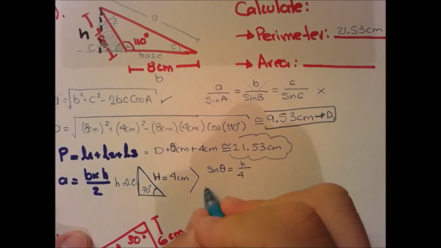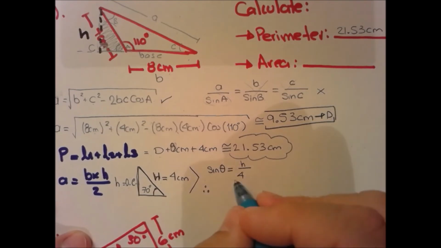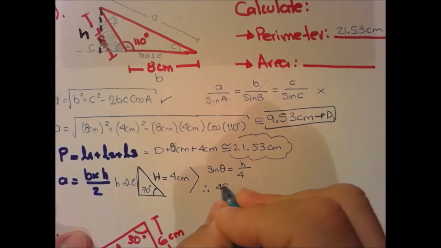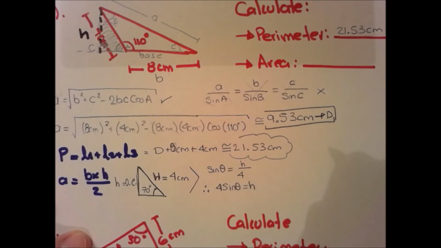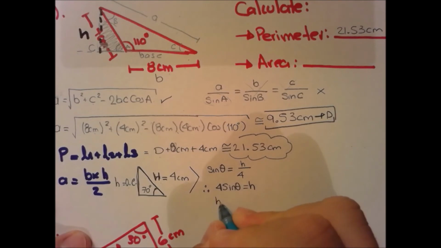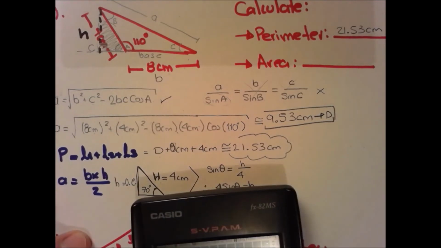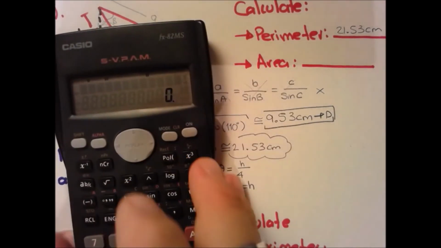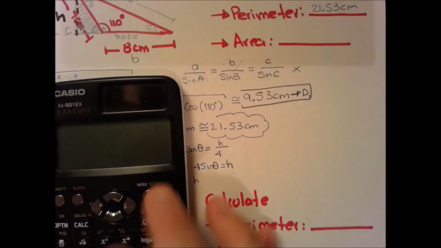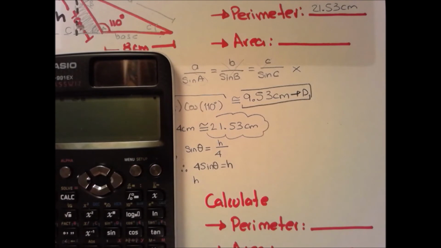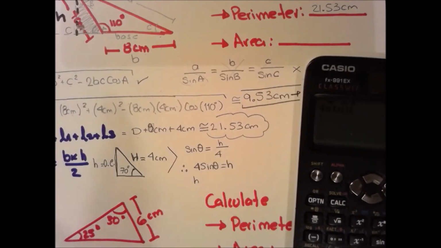So we can clear it, and this one we can pass multiplying, and we're going to say that 4 sine of theta is equal to h, and h is the height. So how much is the height? Let's work over here. This one is going to be 4 sine of, in that case theta is 70.